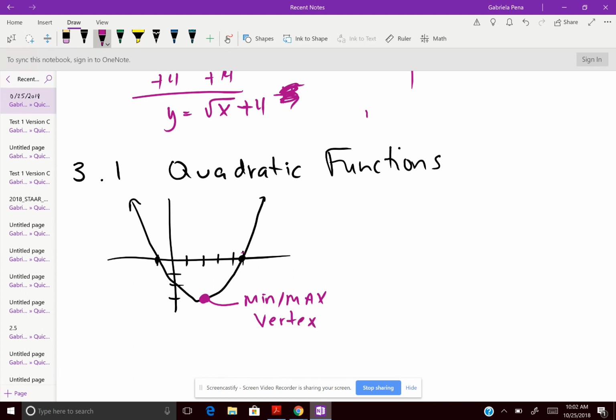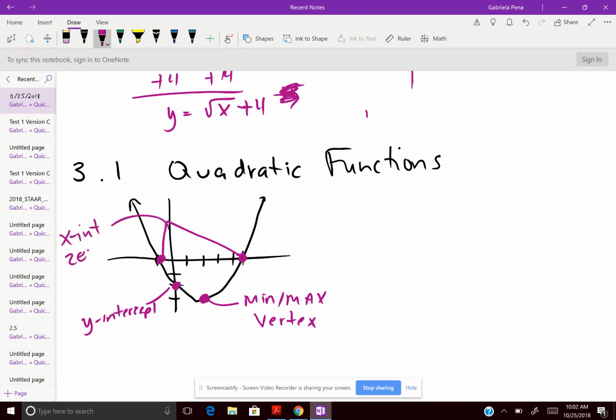So the vertex is the min or max. What is this point here going to be called? Your y-intercept. Very good. And what is this guy and this guy called? X-intercepts, or zeros. Very good. These are your x-intercepts.